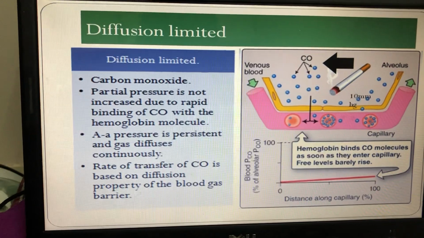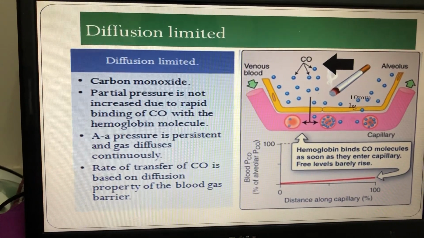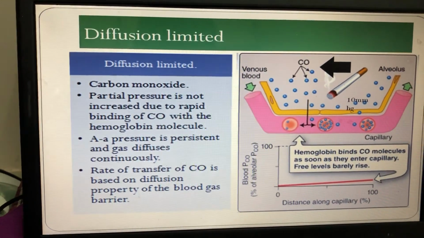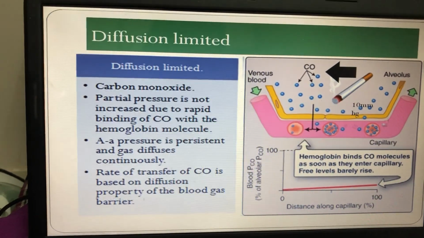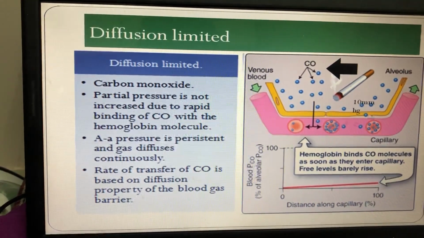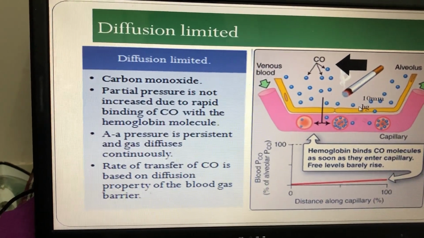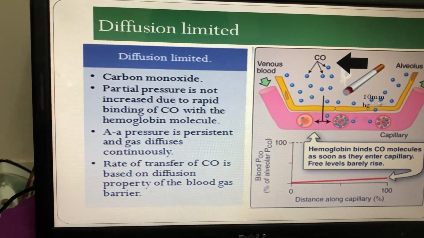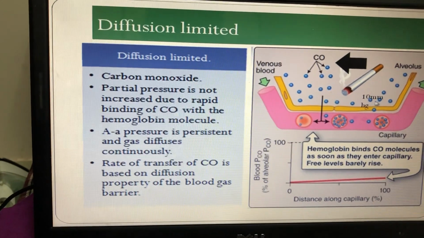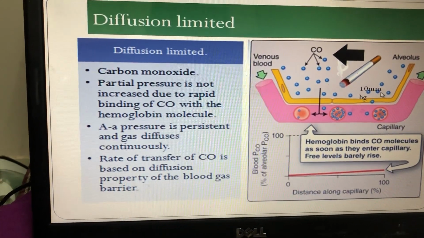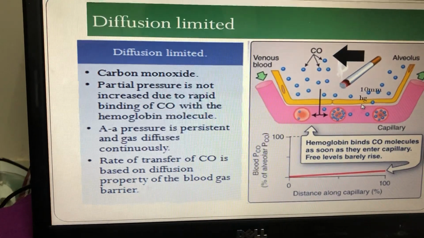This carbon monoxide passes through the respiratory membrane, or the alveolar capillary membrane. If the concentration of the carbon monoxide in the alveoli is, in this case, 10 mmHg, what is going to happen?